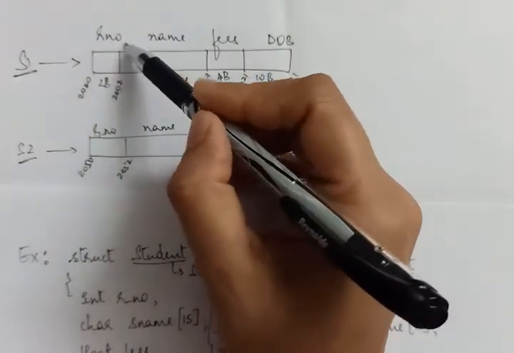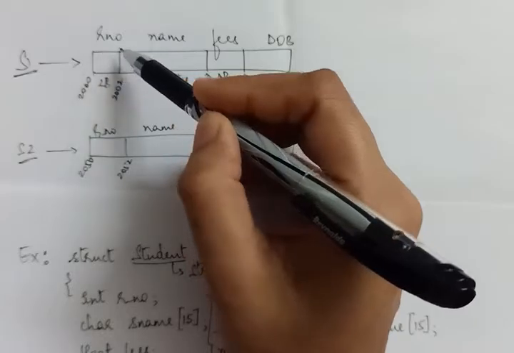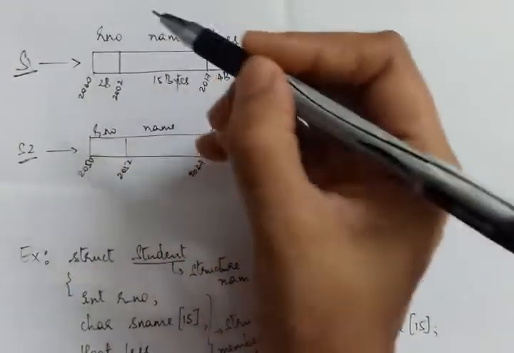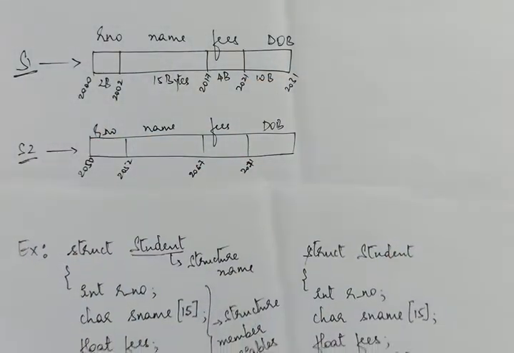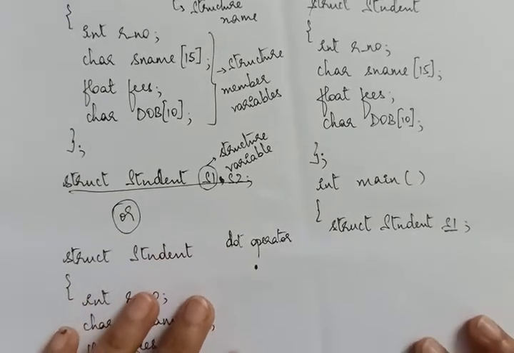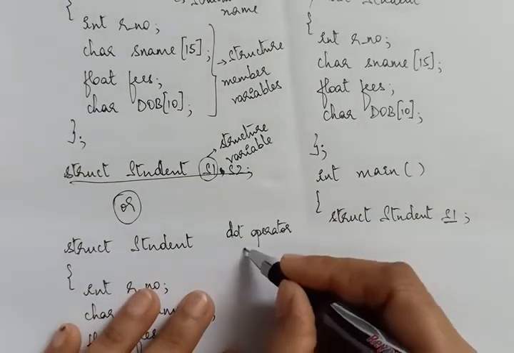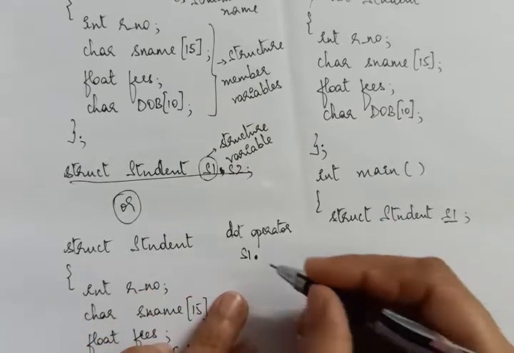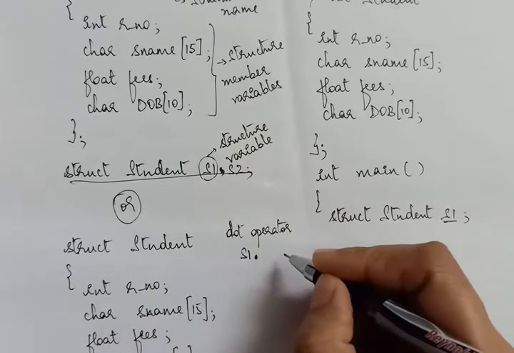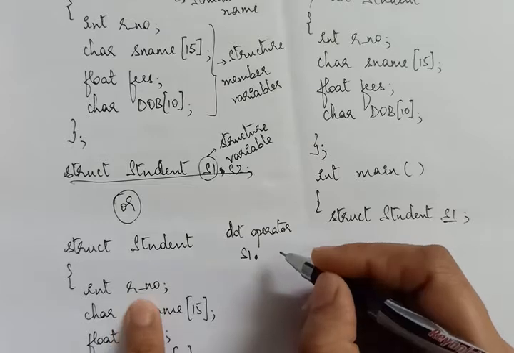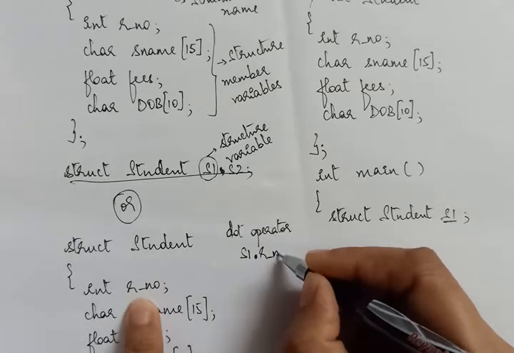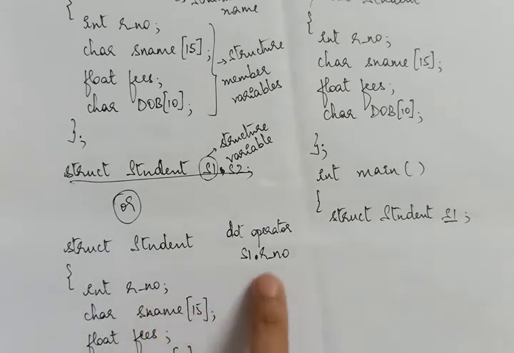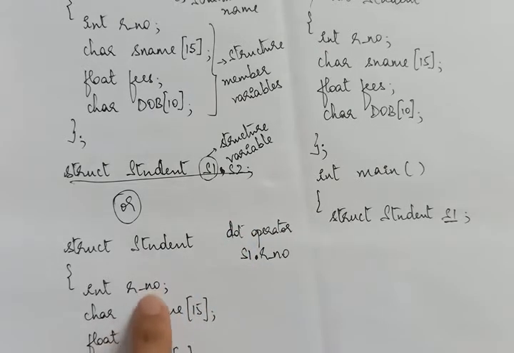So this roll number is accessible through s1. So if you have to store a value in that particular location, you have to first specify the variable of the structure, dot, the member variable. So s1 dot r number. So this is how you access the value that is stored in this roll number.